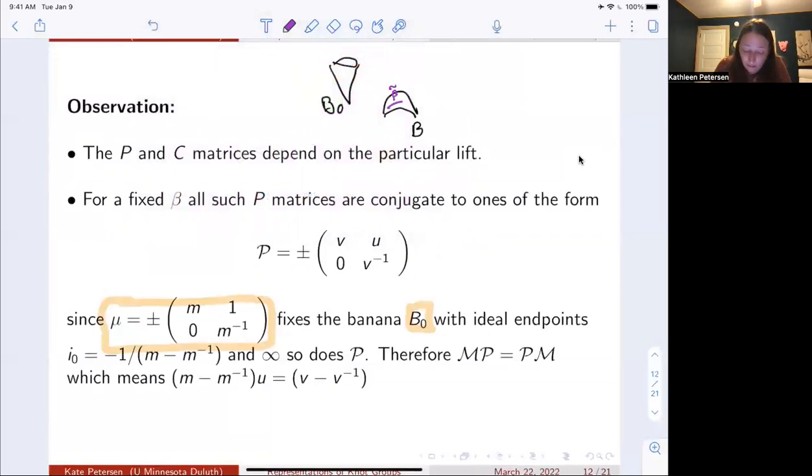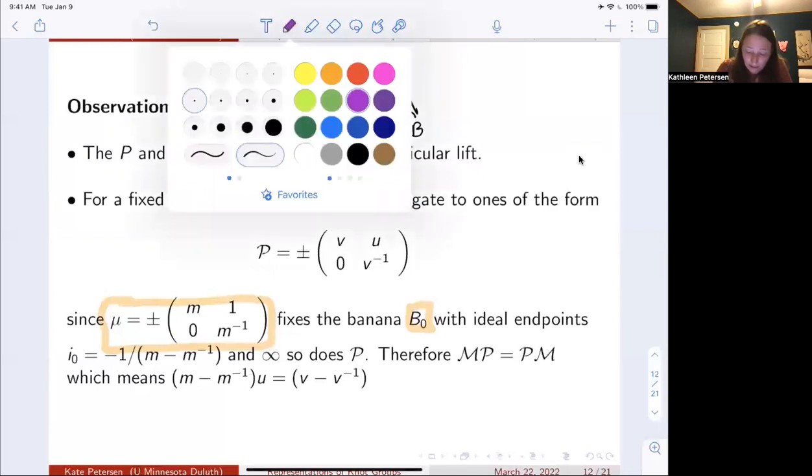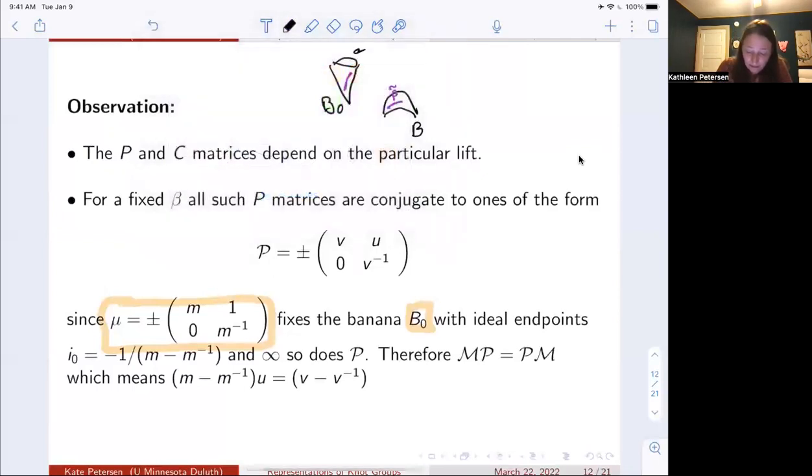And so my beta tilde will be conjugate to something on B naught, I'm sorry. And that means it'll be conjugate to an element that fixes B naught. And in particular, it's going to have to fix infinity. It's supposed to look like infinity and I naught.